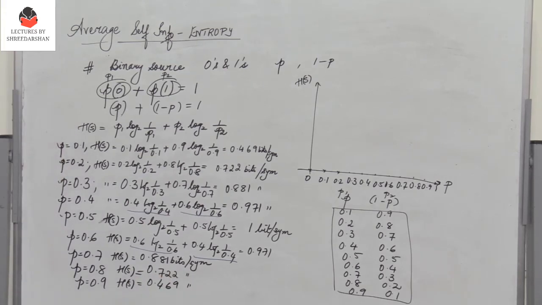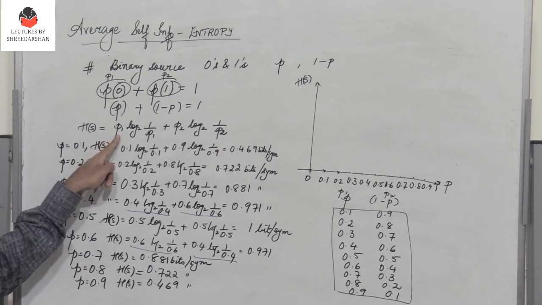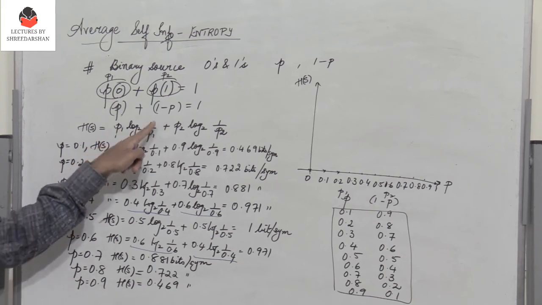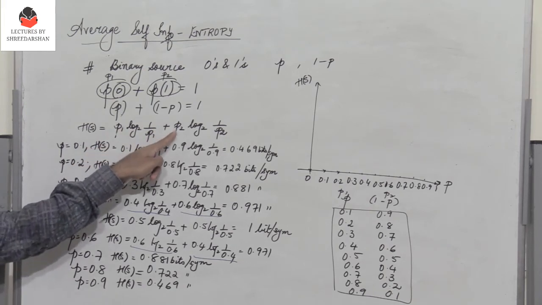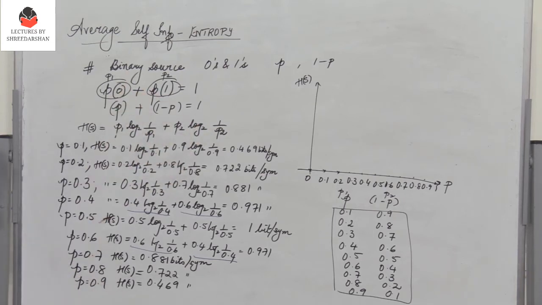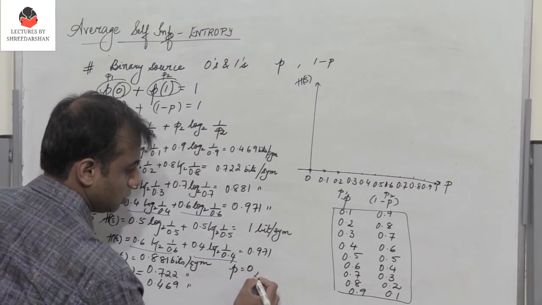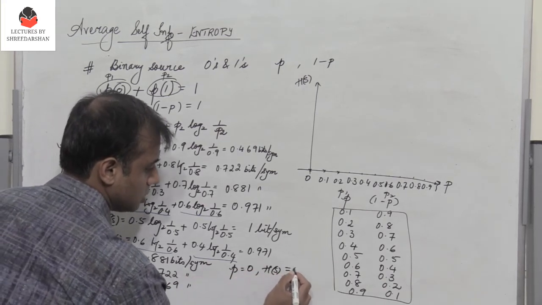Now we did not calculate for P equal to 0. So what happens if P is equal to 0? The first expression of course is 0. And what about this? This is 1 log to base 2 1. Again you get it as 0 itself. So we know that for P equal to 0, H of S equals 0.